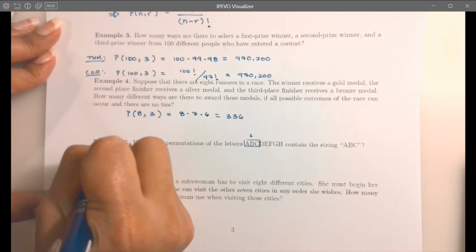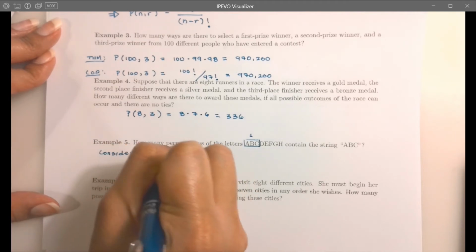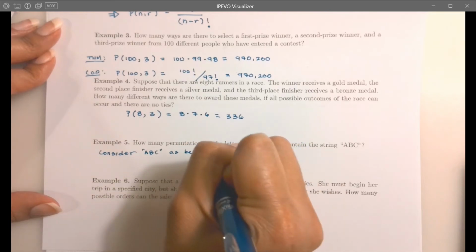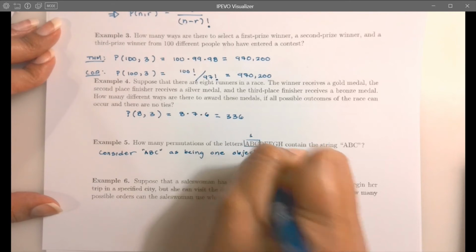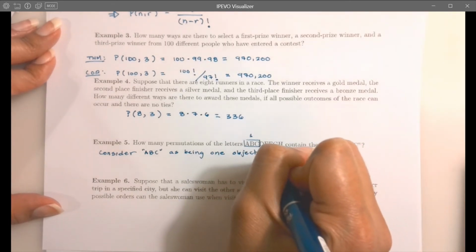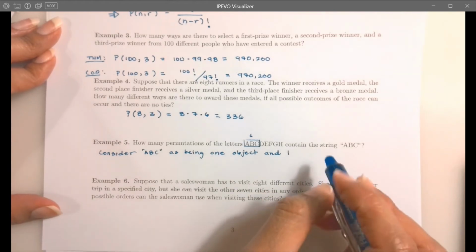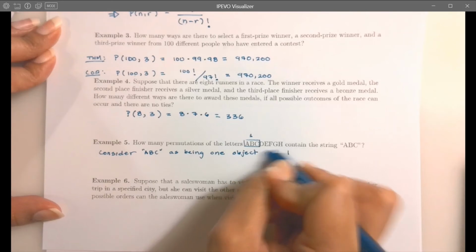Okay, so we're going to consider A, B, C as being one object, since we want them to stay together as part of the permutation.